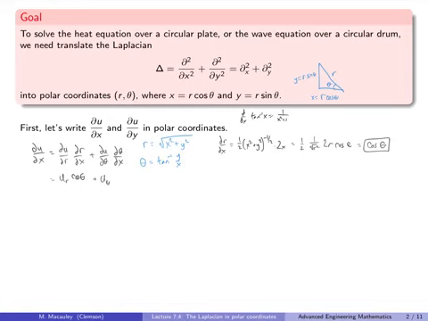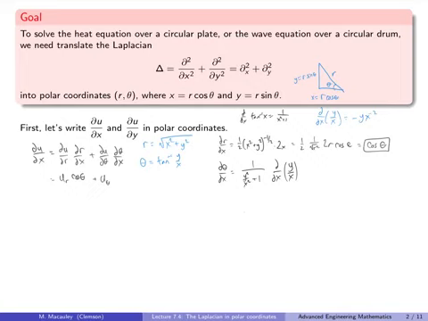So the derivative of the inverse tangent of y over x, that's d theta dx, is 1 over y squared over x squared plus 1, times the derivative of y over x. The derivative of y over x with respect to x is negative y x to the minus 2.